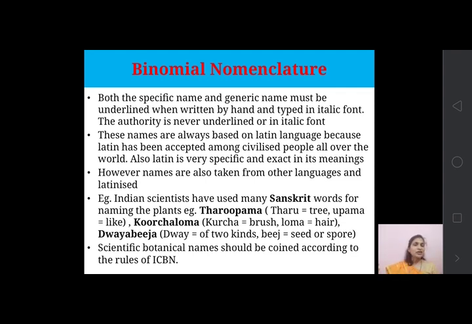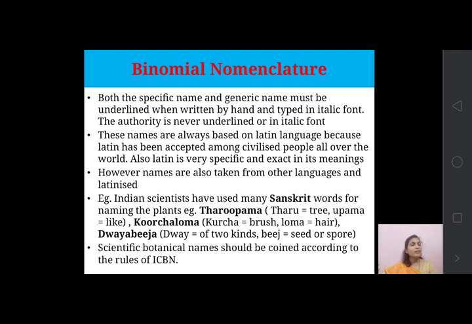And the scientific botanical names should be coined according to the rules of ICBN, that is the International Code of Botanical Nomenclature. They have set the rules for giving the name to a particular plant, and hence these names should be coined according to those rules. So this is about binomial nomenclature. What are their rules? The generic and the specific name are given, and the generic name is always written first and the specific name is written after the generic name.